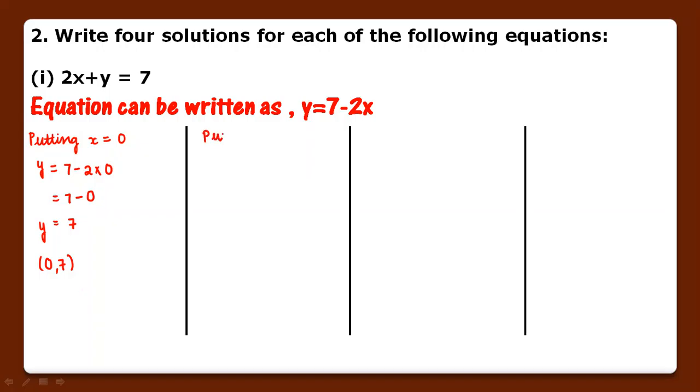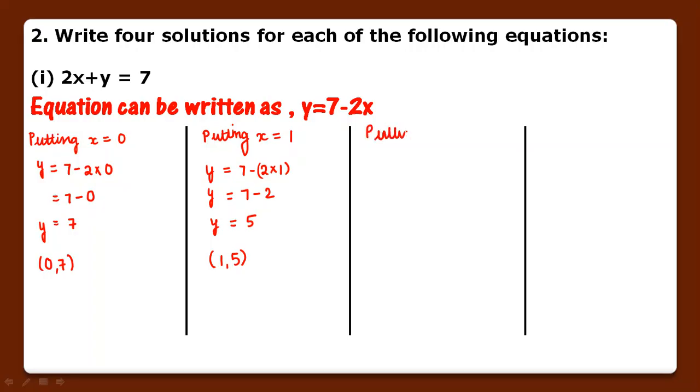For the second solution, putting x equals 1, y equals 7 minus 2 into 1, y equals 7 minus 2, y equals 5. The second solution is 1, 5.